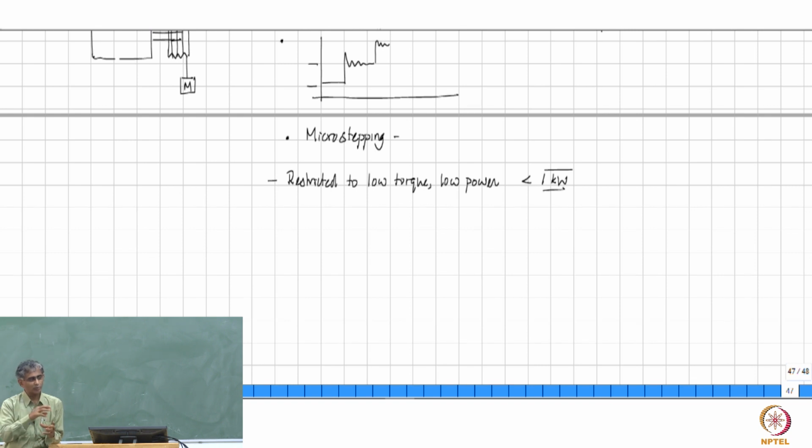And the importance of various things, right? That was the overall goal. And we also have given some idea about how you are going to select a particular actuator.